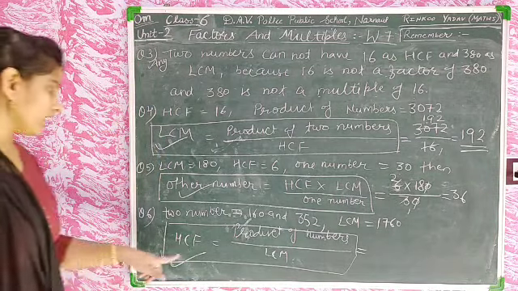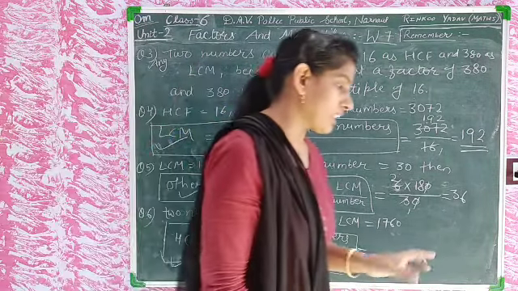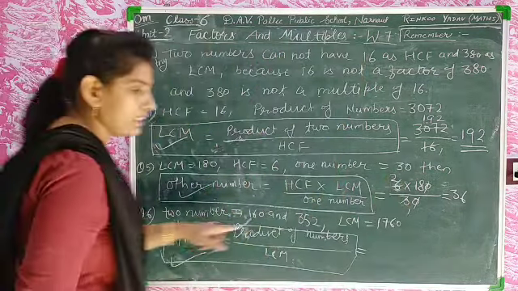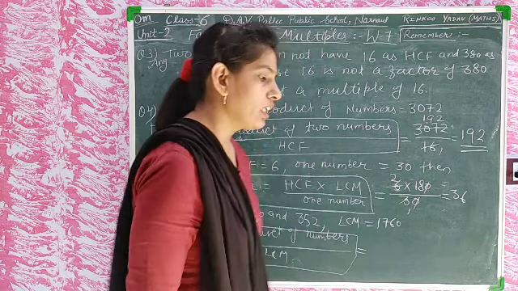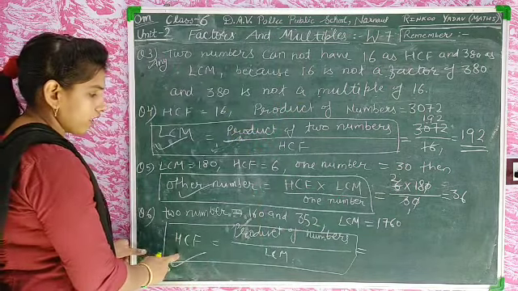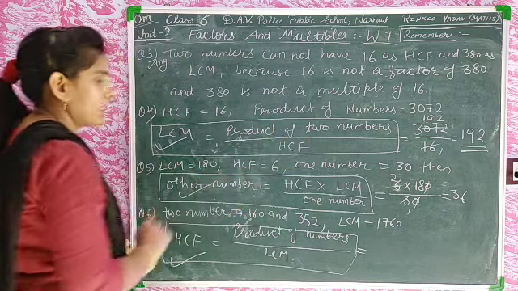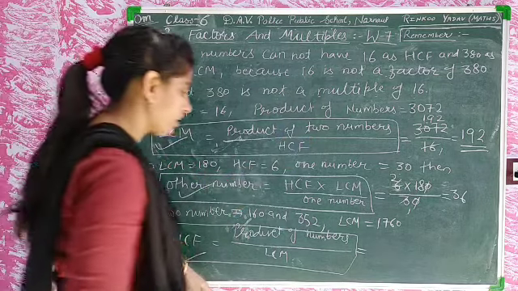Now we have to find the HCF. In question number 6, the two numbers are 160 and 352, and LCM is given here as 1760. Find the HCF. To find the HCF, the product of two numbers divided by LCM.